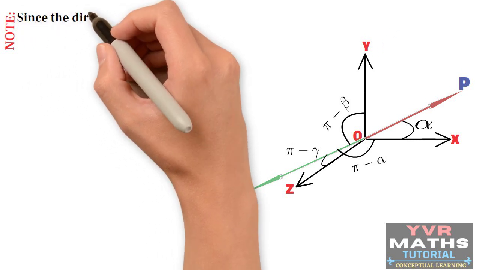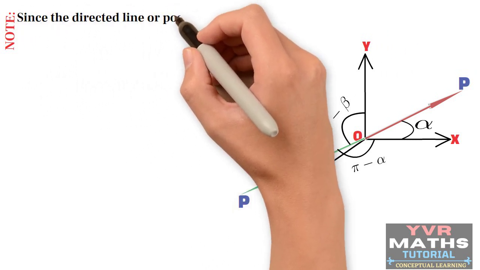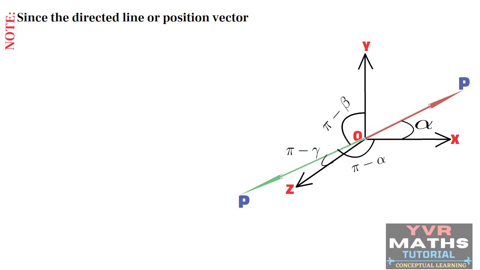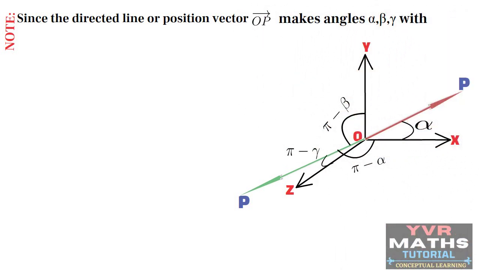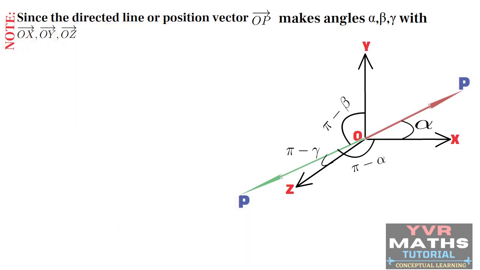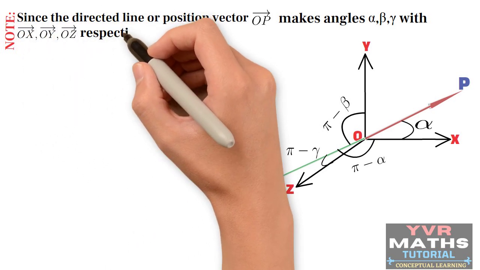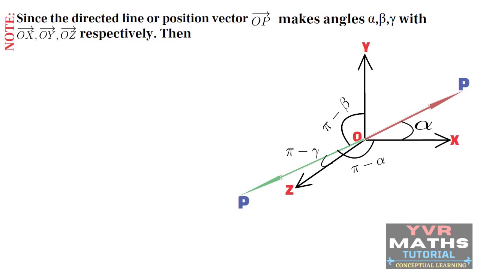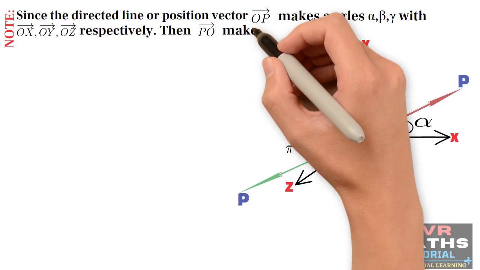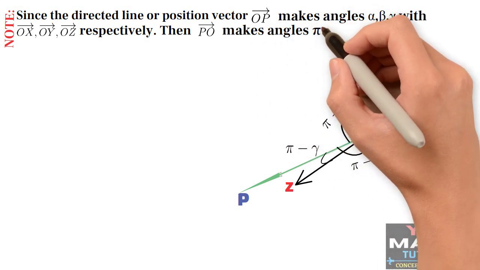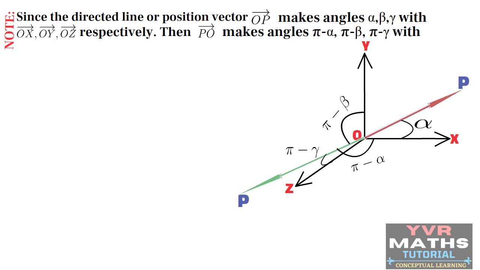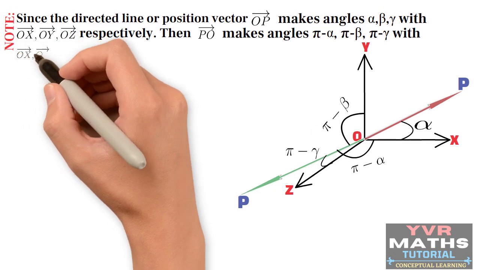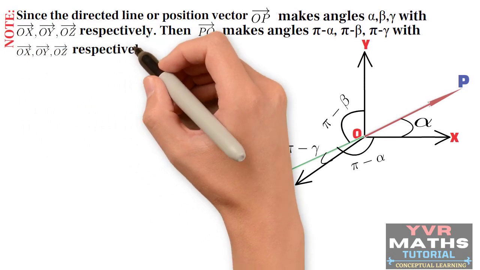Since the directed line or position vector OP bar makes angles alpha, beta, gamma with OX, OY, OZ respectively, the directed line PO makes angles pi minus alpha, pi minus beta, pi minus gamma with the same OX, OY, OZ respectively.